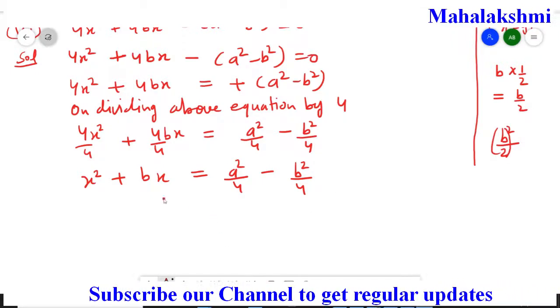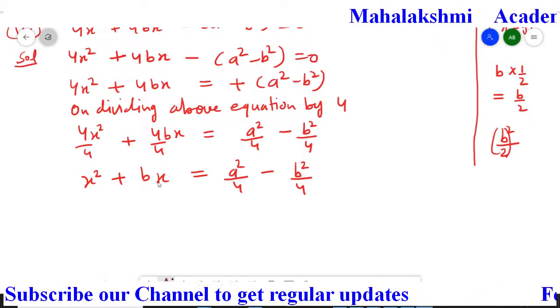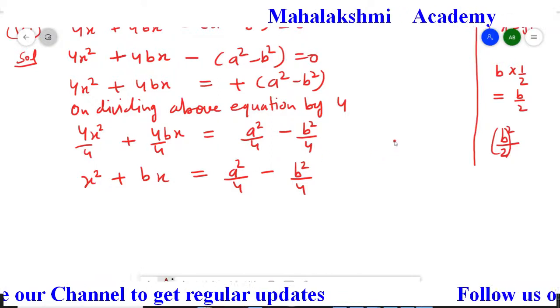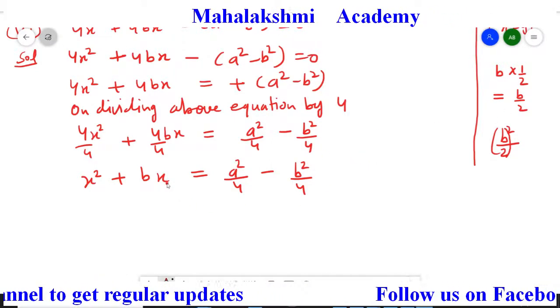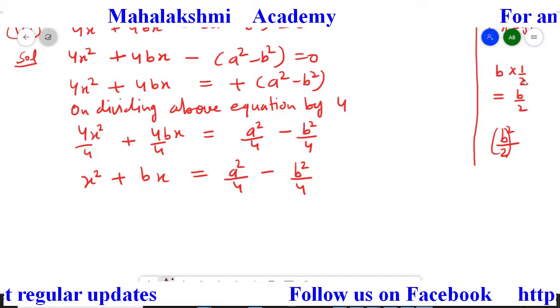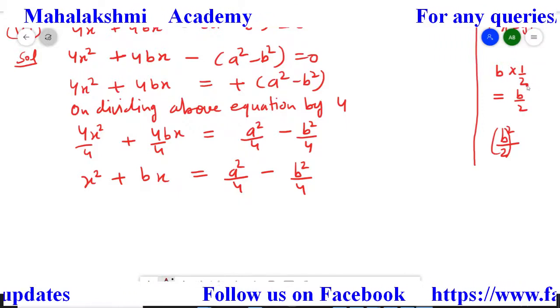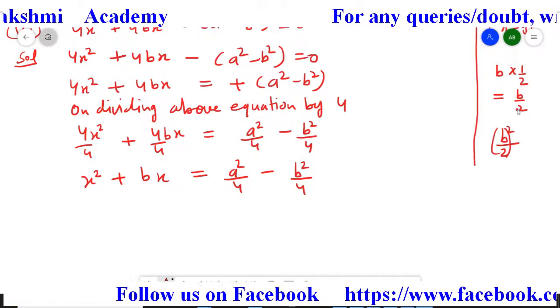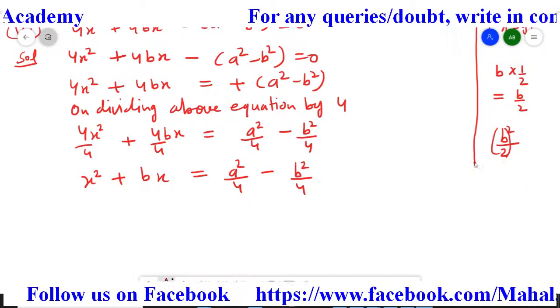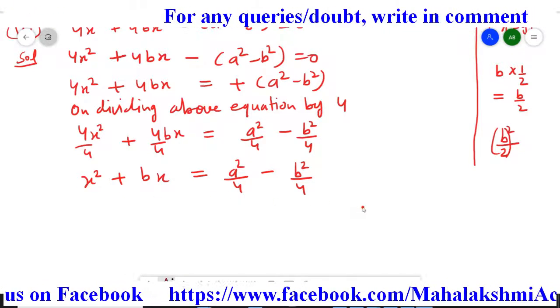Again I am explaining. In the third step, whatever the coefficient of x is, you write it down on the side. Always multiply it by half. That will give you b upon 2. Then b upon 2 whole square you add on both sides.